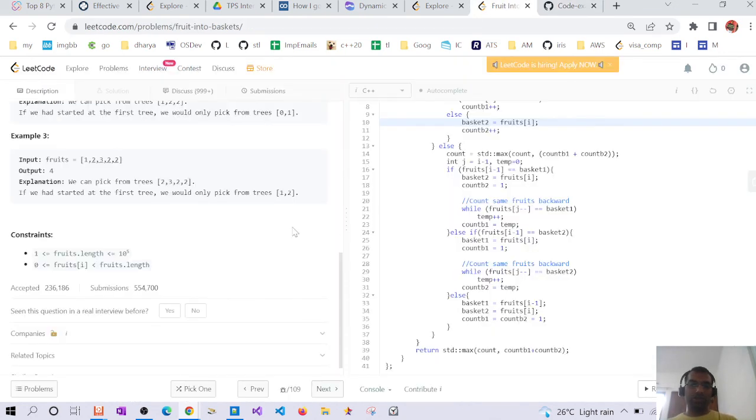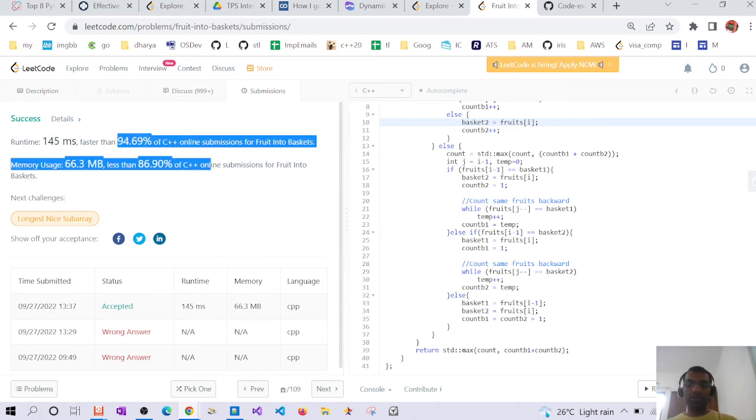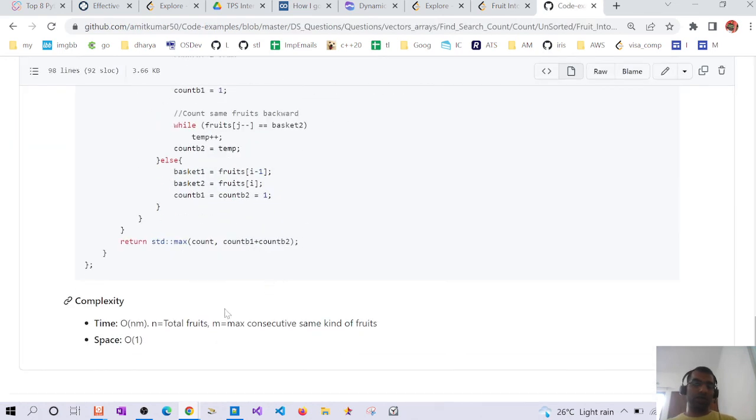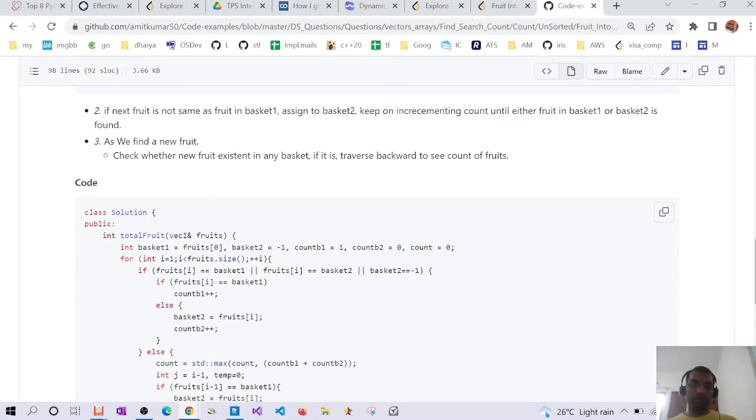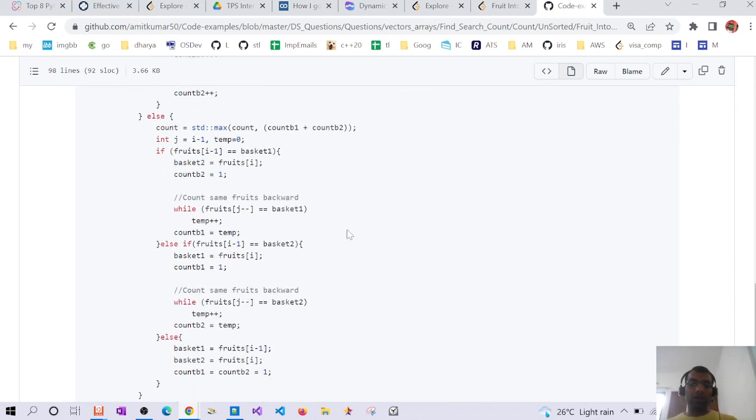So this submission has worked. And for the time complexity, this is an O(n) solution. How? If we have n fruits, for example the size of fruits is n, we are traversing in the for loop till n. In this case, we are also using a while loop to check the same consecutive fruits.